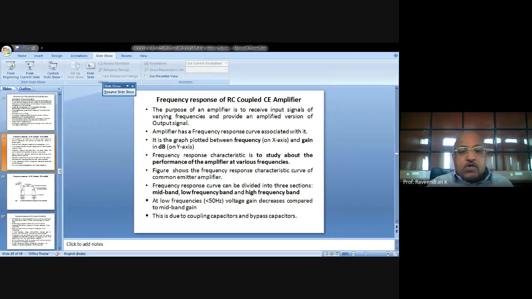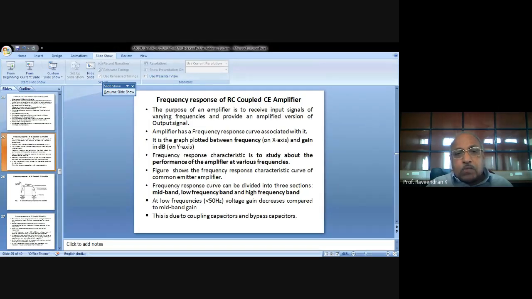And it is the range of frequencies over which the gain does not deviate more than 70.7% of the maximum gain. This is the maximum gain, that is AV. From this point to this point is where the AV deviates to 0.707 AV.